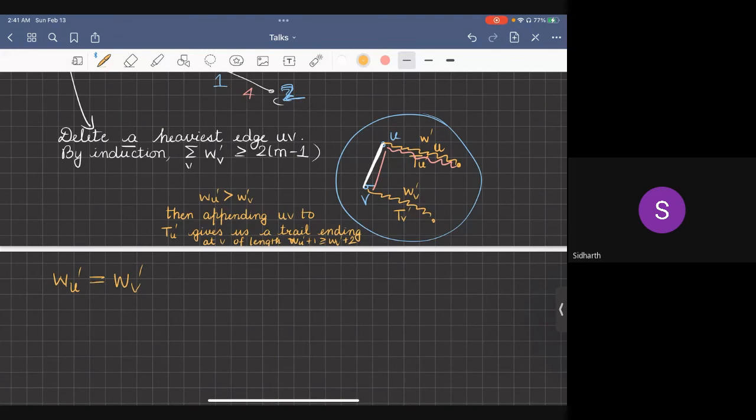By adding UV. So then the trail PU prime followed by V has length WV prime plus 1, and the length of this trail is WU prime plus 1. So both increase by at least 1.